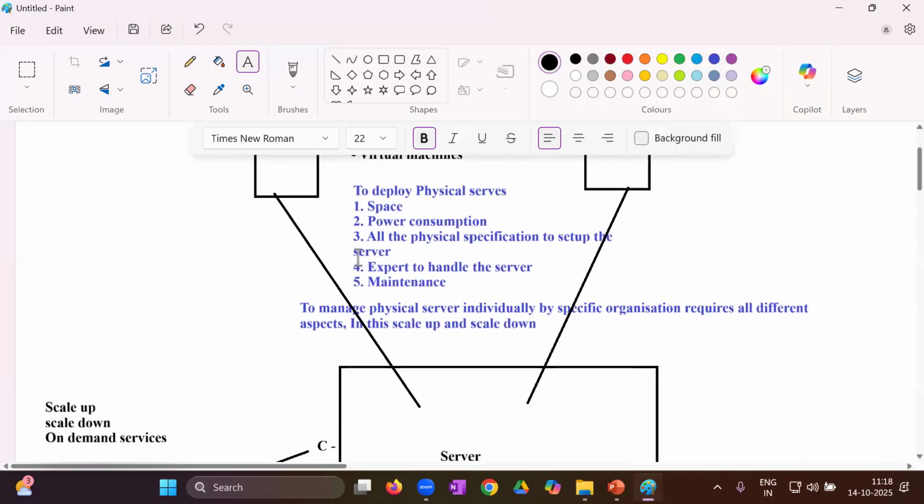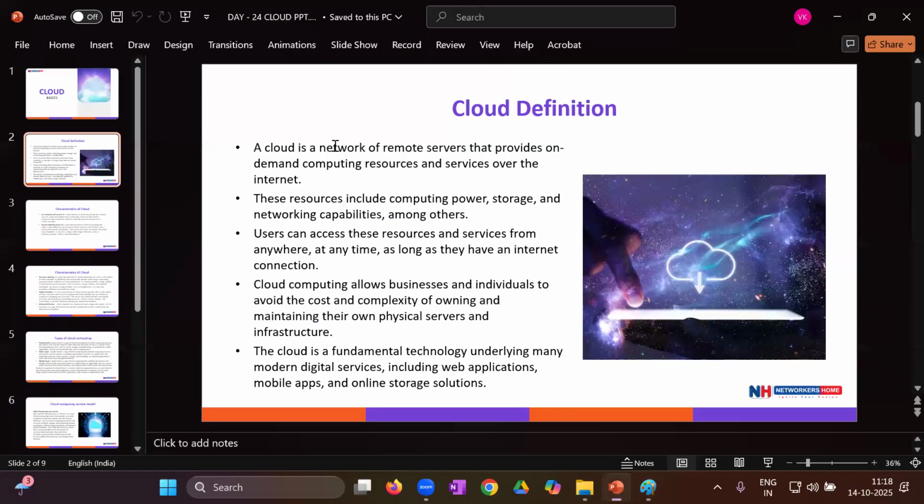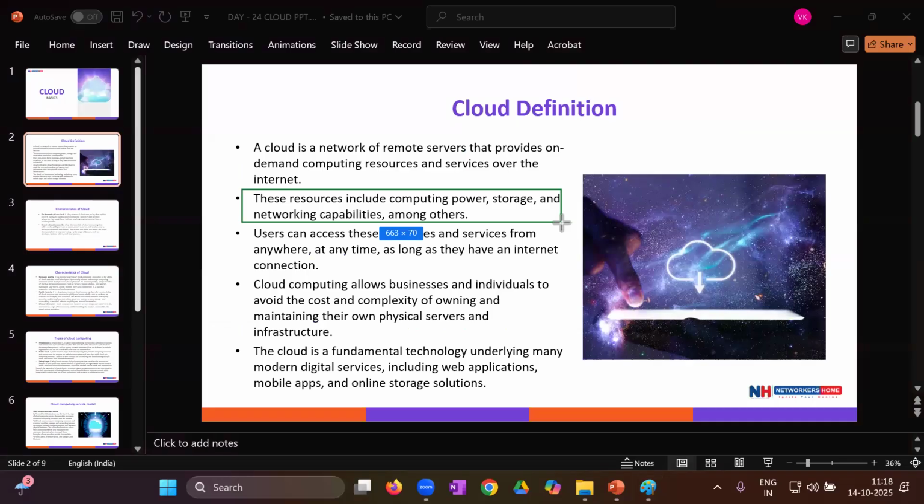That's why it is called a remote access server, a network of remote servers. Now, these resources include computing power, storage, network capabilities, and others. We will use these servers for storage, for running network capabilities, and all other activities. We will get multiple different options.